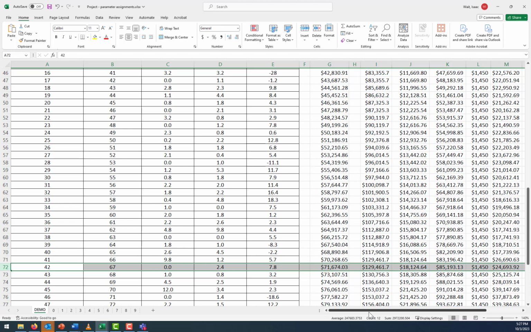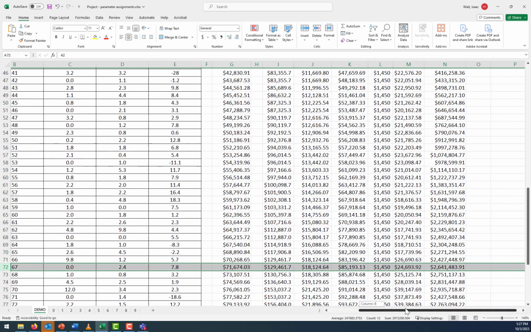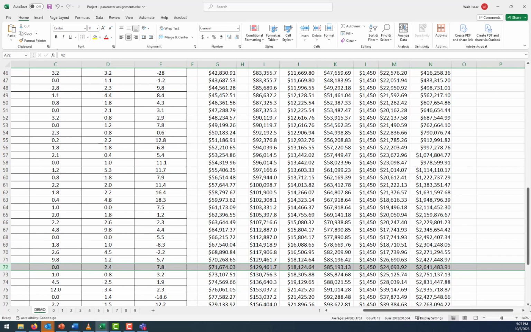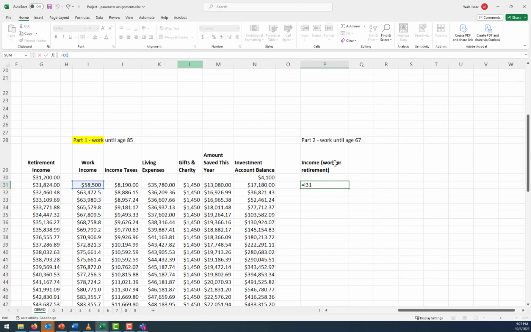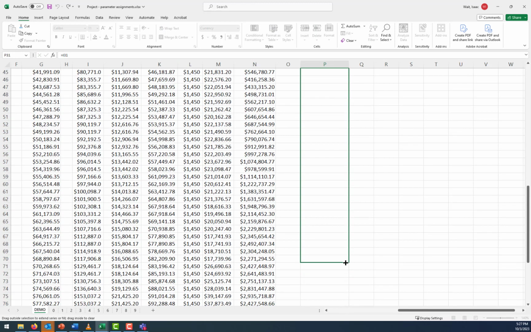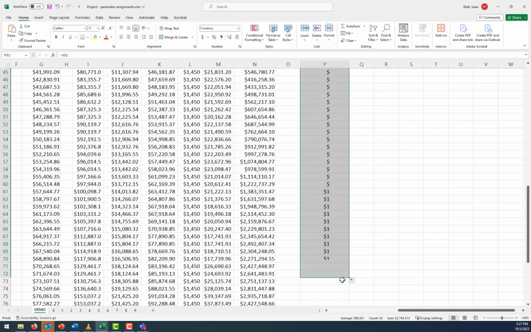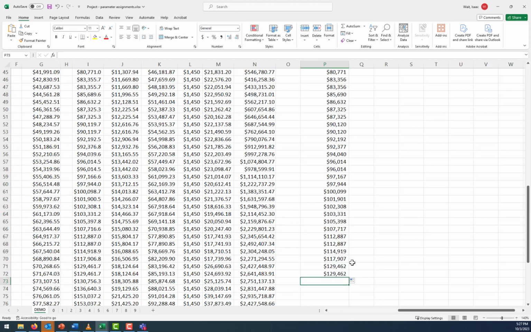So what I'm going to do is they work until 67. So at row 72, I'm going to have it switch over. So watch for the income column. It starts off just going with the work income, and then row 72 is the last year of their income from work, and then after that, now their income is this retirement income, which was this one.